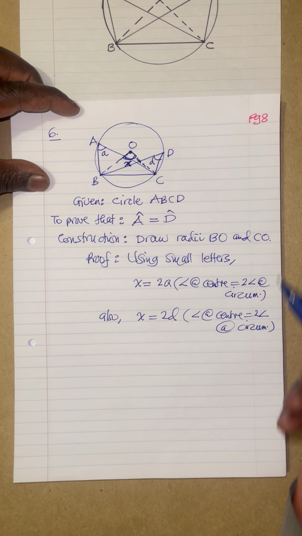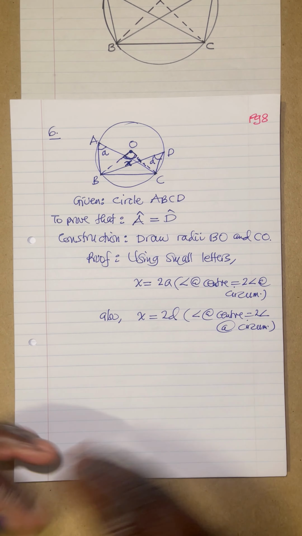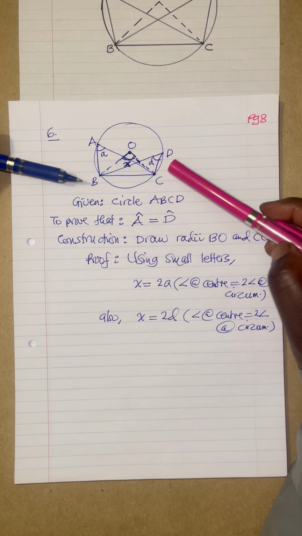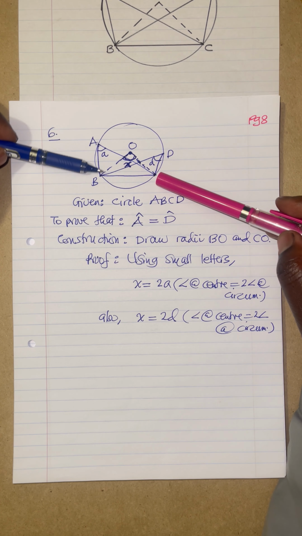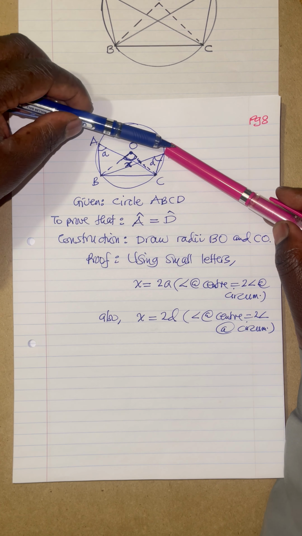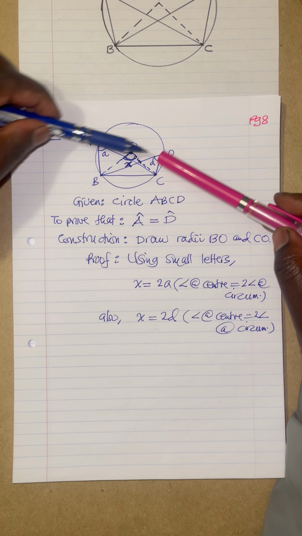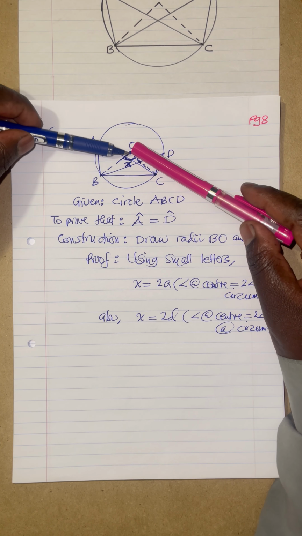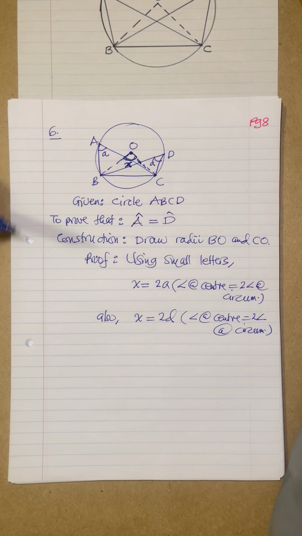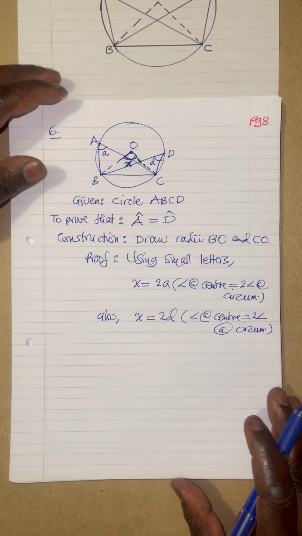You can clearly see that this chord BC subtends that angle at the center. The same chord BC subtends that angle at the circumference. So therefore, the angle at the center is twice the angle at circumference. We can also say the angle at center is twice the angle at circumference on the other side there.